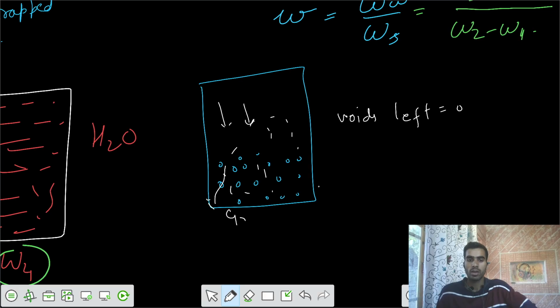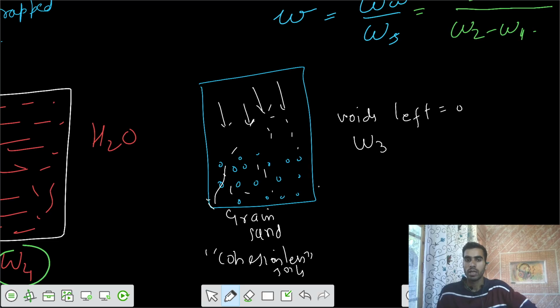If the soils are sand grains, that is cohesionless soils, voids left are zero. That means your W3 reading would be correct, so we don't have to apply any correction.